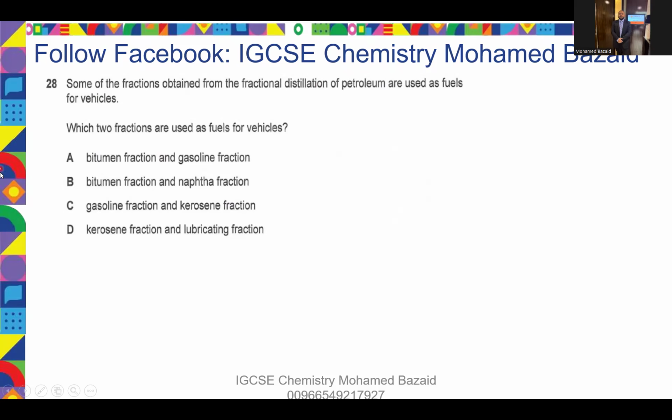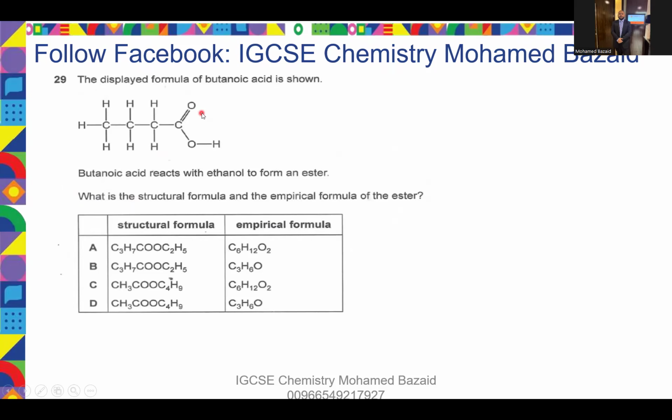Based on that, gasoline fraction and kerosene fraction are used as a fuel. This is for cars, if you remember. So the answer is letter C. Fractions used as a fuel for vehicles: gasoline and kerosene.